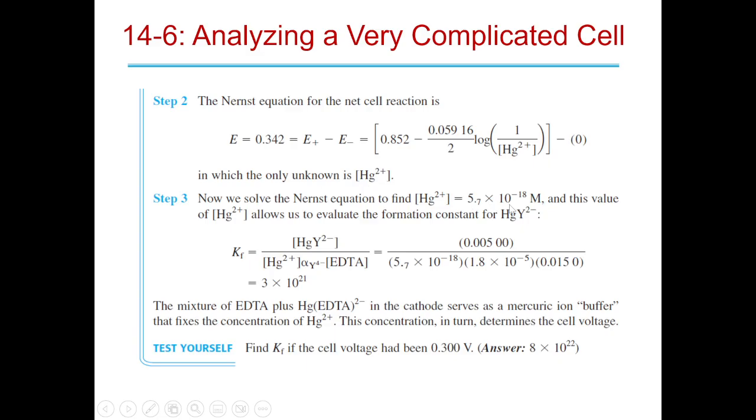That will give us 5.7 times 10 to the negative 18. Notice the 0.7 is actually an uncertain digit. Our significant figures actually end at the 1, 8, and then the 5, so 3 sig figs, because this is an exponential.